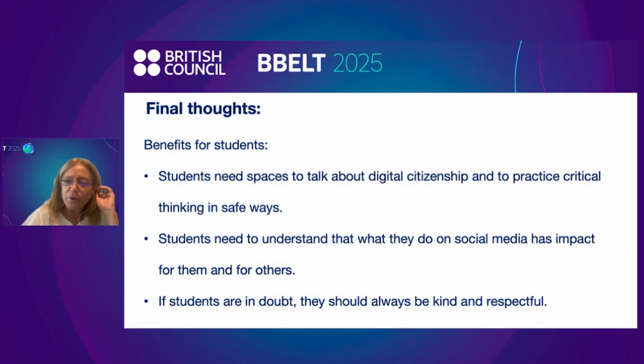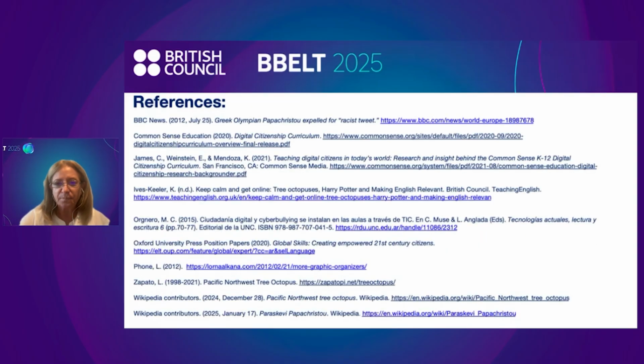Students also need to understand that what they do on social media has an impact for them and for others. And if students are in doubt, we should always help them make the decision that they should be kind and respectful.